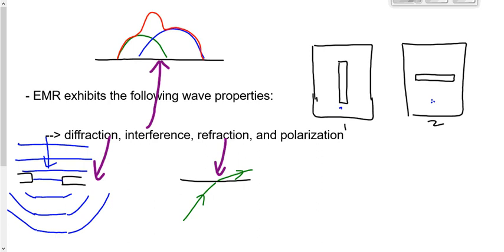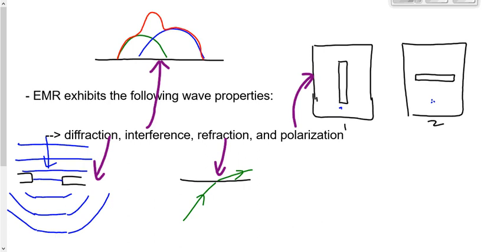Polarization is a property of waves. But you saw with the demonstration that we just did that it is exhibited by visible light, which is a form of electromagnetic radiation. Therefore, EMR, electromagnetic radiation, must be a wave.